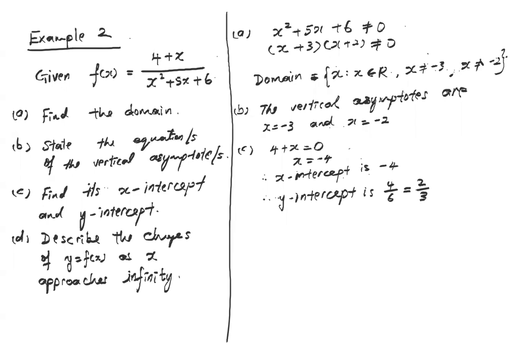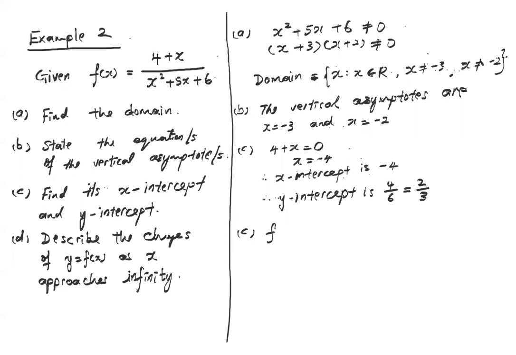Done with that. Now describe the changes of y equal to f(x) as x approaches infinity. Now you see how I change. You look at here, here is an x squared. So what I will do is divide everything by x squared instead of x.